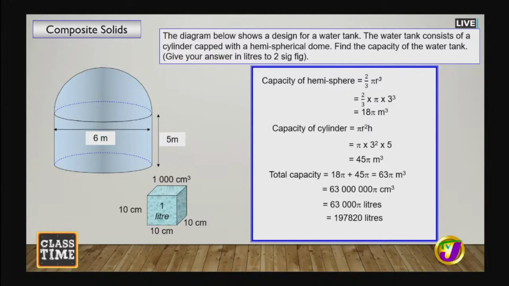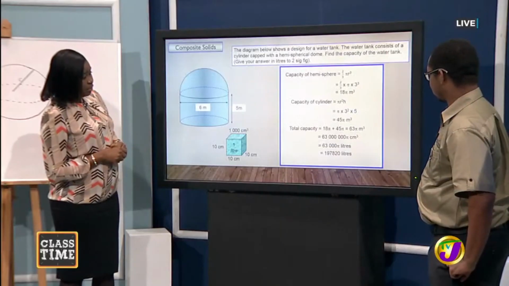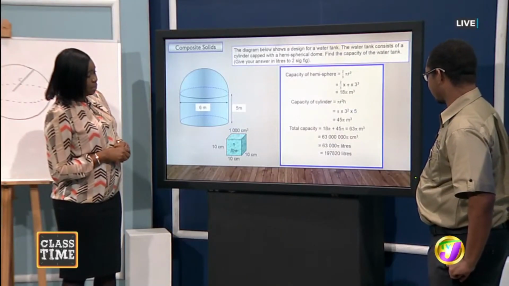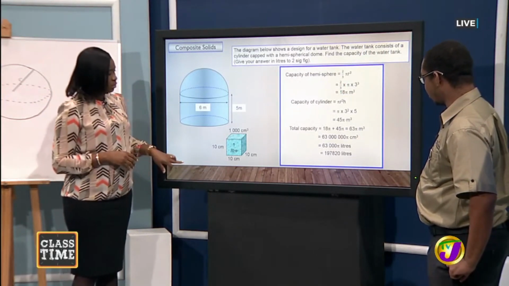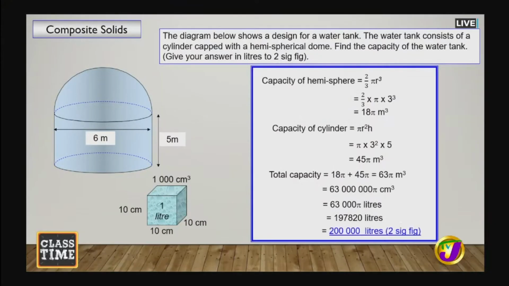And we have there 6 significant figures. And we need 2. So we have to round this off, and we will get 200,000 liters. We round it off to 2 significant figures.